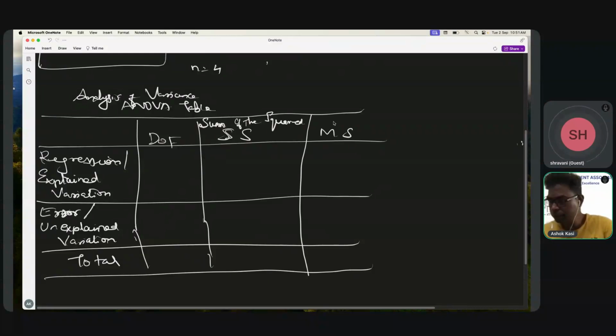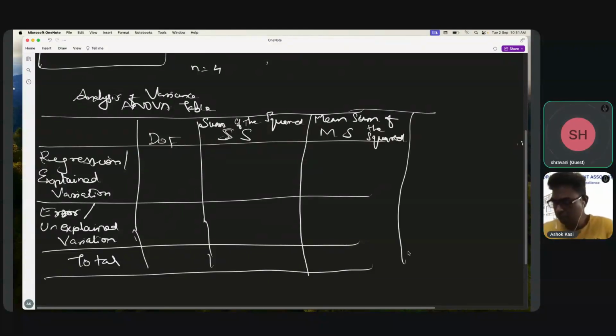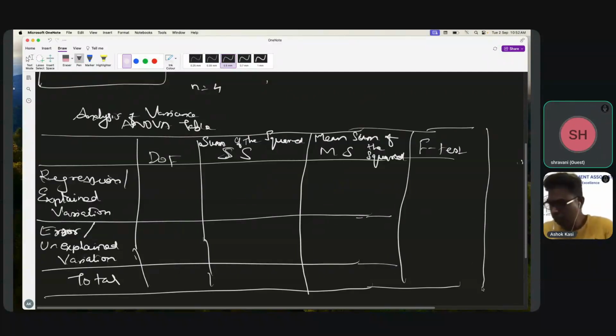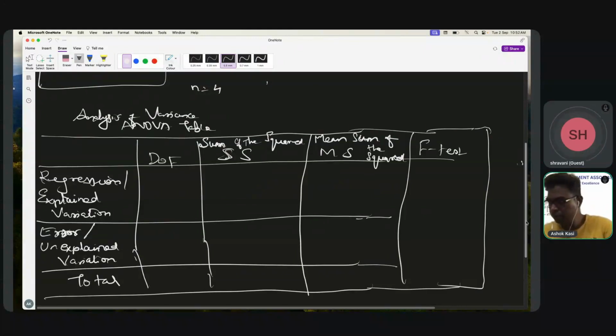Then MS, mean sum of the squares. And this is the F test. So this is what we need to find out.